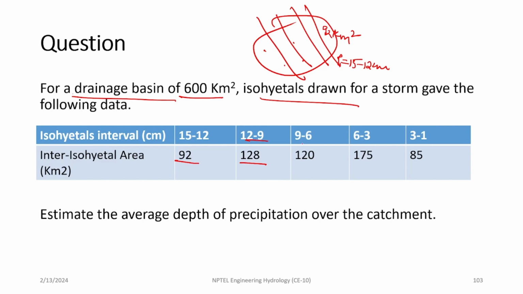And for the 9 to 6 centimeter isohyet interval, Ashish, are you getting the thing? If it has 6 centimeter of isohyet, and the other one is 9 centimeter, then the area between them is how much? 120 kilometers square. Yes. So you may be getting the idea of what is provided in this question.